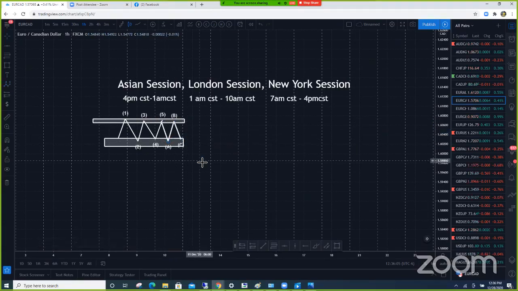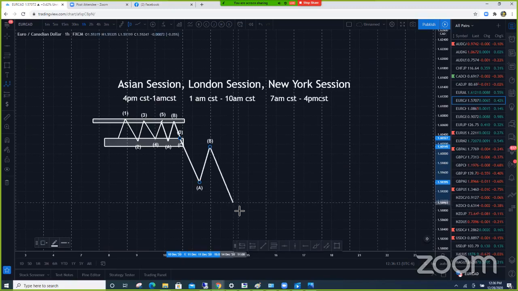Then during the London session, it breaks out. It usually breaks out, gives a slight retest, and continues forward into the London session.